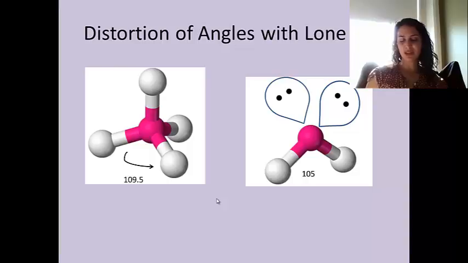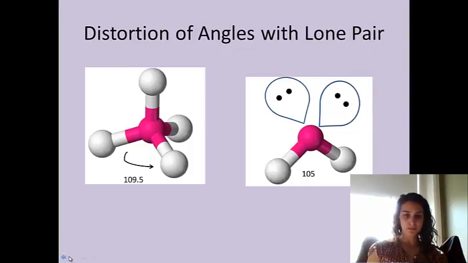So let me depict this for you because this may be a little confusing. On this side we have a tetrahedral. We have 4 domains, 4 bonded atoms, and they all are evenly spaced and have a 109.5 degrees between the bonds.